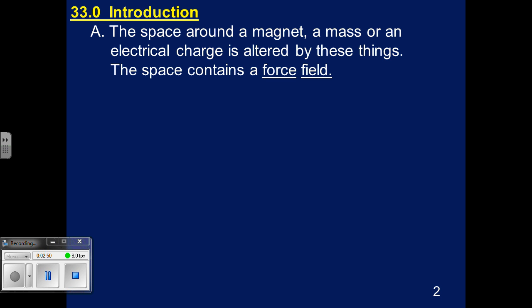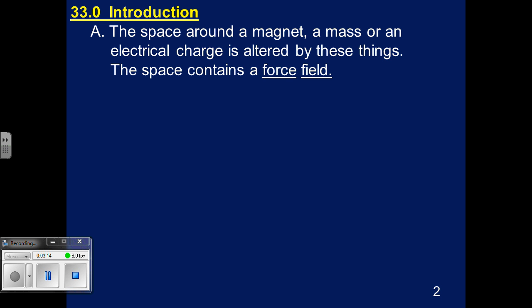The first thing we want to look at is this concept of a force field, and it actually is just the space around an object. The space around a magnet, if I have a magnet sitting on the table, looks empty. But I know if I put another magnet near it, it can push away that other magnet, or it may pull that other magnet, but it can make the other magnet move.